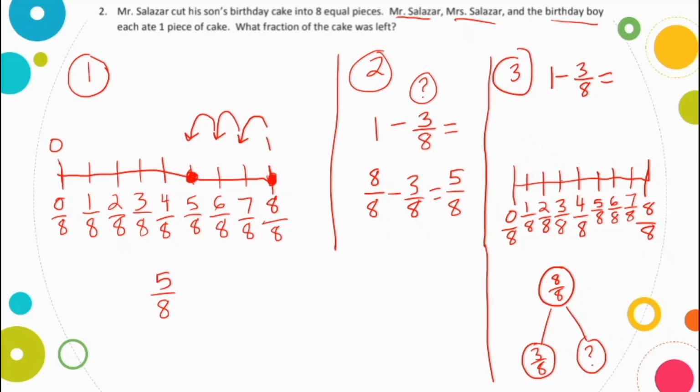We have to figure out how many are in between 3/8 and 8/8. So when we count, it's just 1/8, 2/8, 3/8, 4/8, 5/8. So we end up with 5/8. Alright, so our answer should be 5/8.